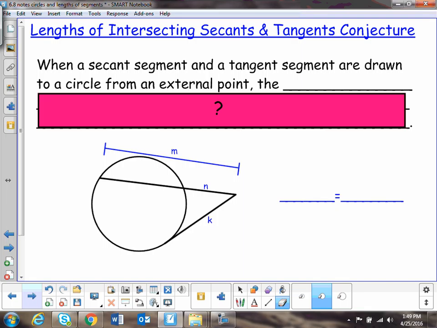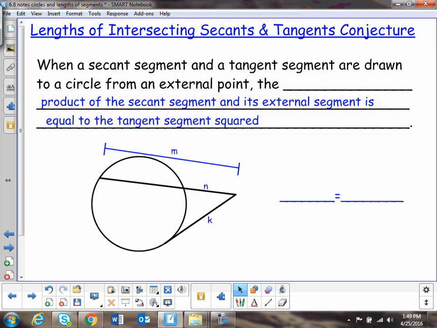All right, third one. And that's it. Last one. Deals with the secant segment again, but then a tangent segment. Okay, so this one goes like this.